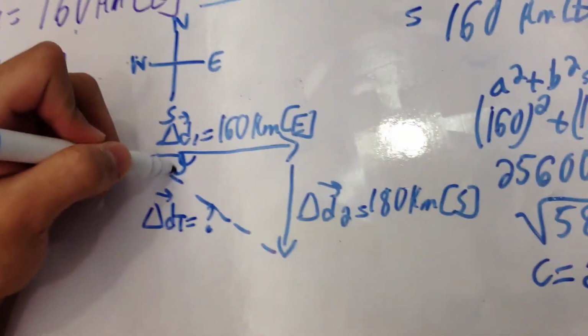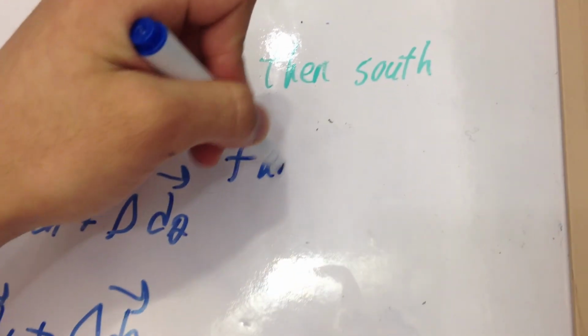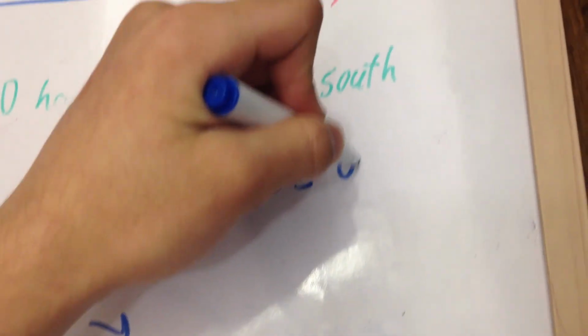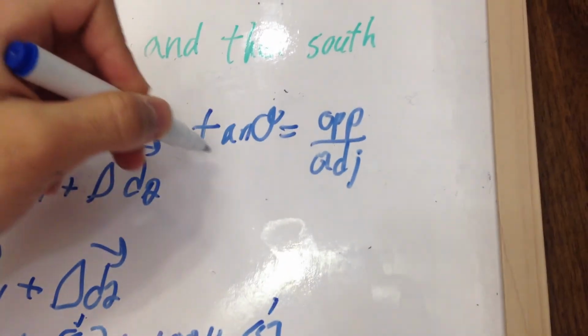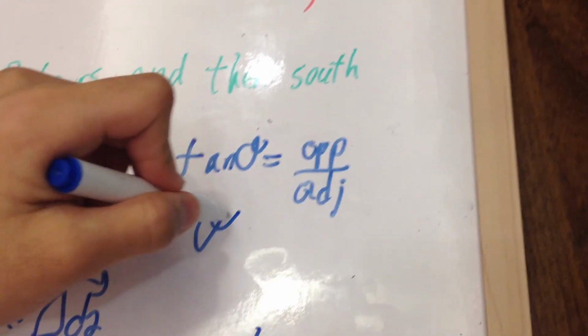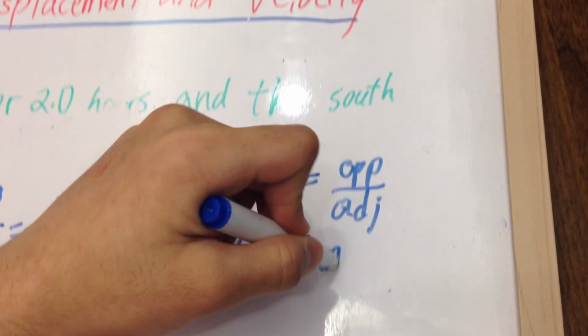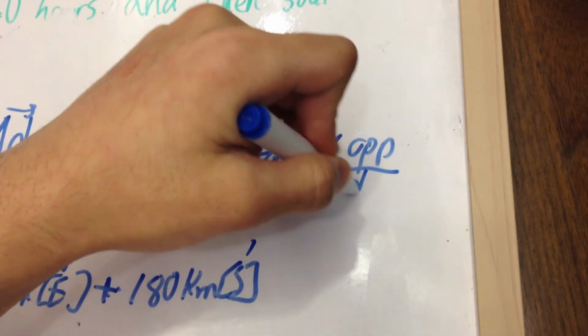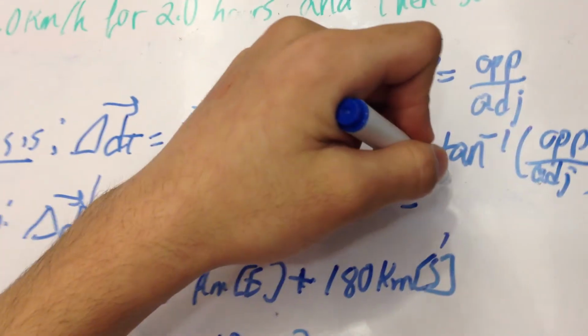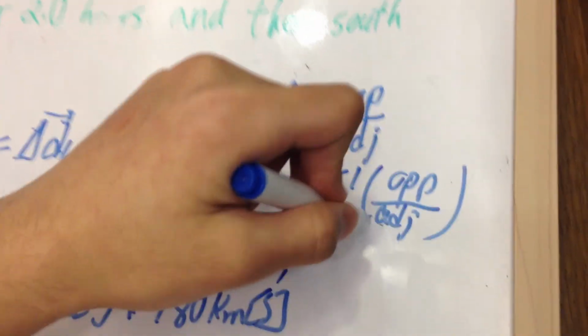We want to find this angle over here. So tan theta is opposite over adjacent. We will rearrange so that theta equals tan inverse of opposite over adjacent. Then we put in our values.